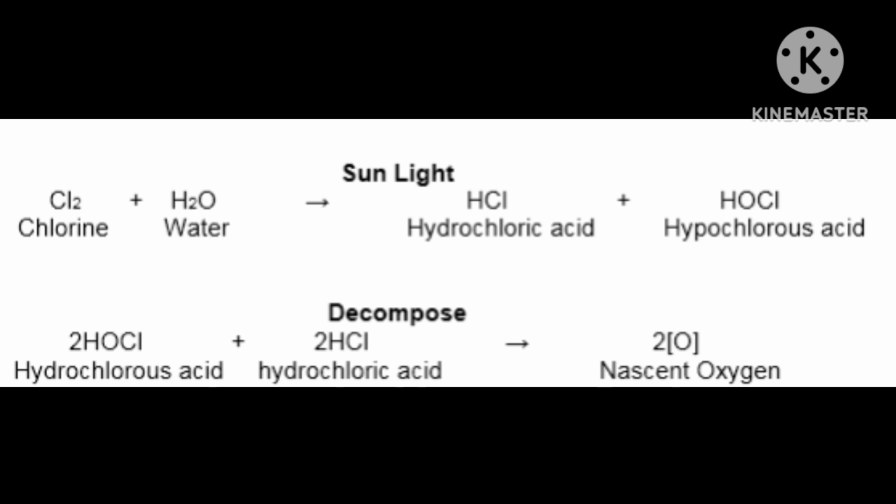Then 2Ca(OH)2 plus 2Cl2 gives Ca(OCl)2 plus CaCl2 plus 2H2O. Then Ca(OCl)2 is called bleaching powder.